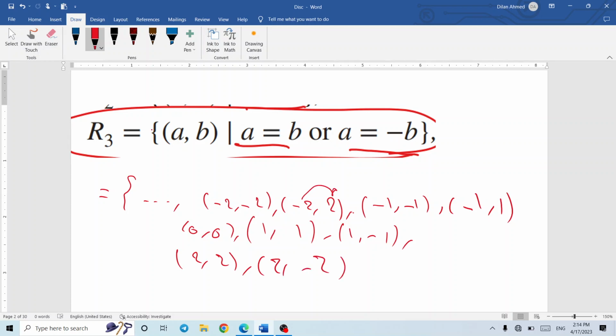Understood? Later I'm going to use those sets. I'm going to use each one. See, this one is symmetric, this one is reflexive, this one is transitive. So I'm going to apply the definition on it. So kindly at home, try to construct the relations R1, R2, R3, then you can answer the others. You got it? Good.